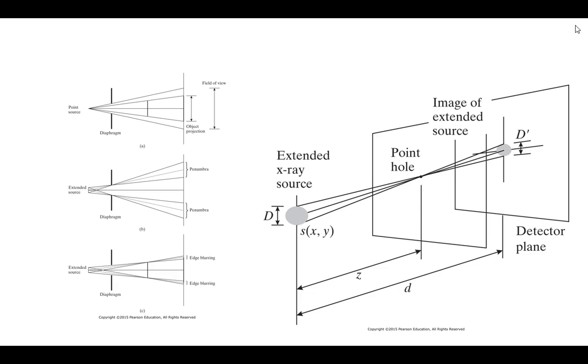Now instead I've got this line area, so for each point along it we draw the appropriate cone. Looking at the particular part from the diaphragm, the top point of the source creates the larger, or the lower down one, and from the bottom part of the source we get this upper line.